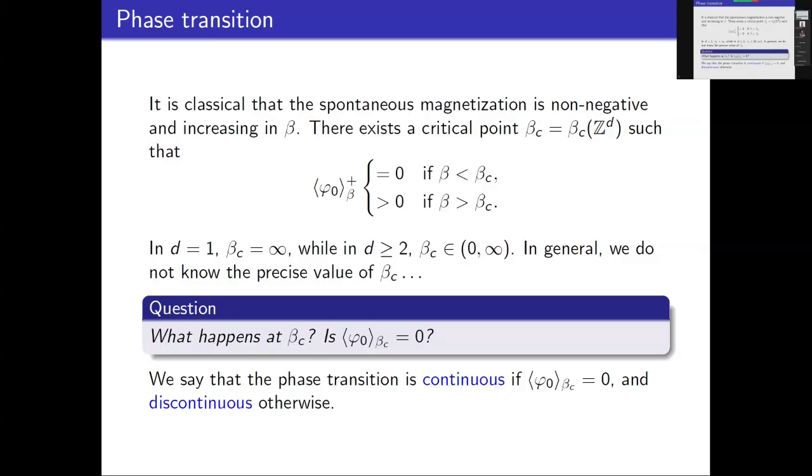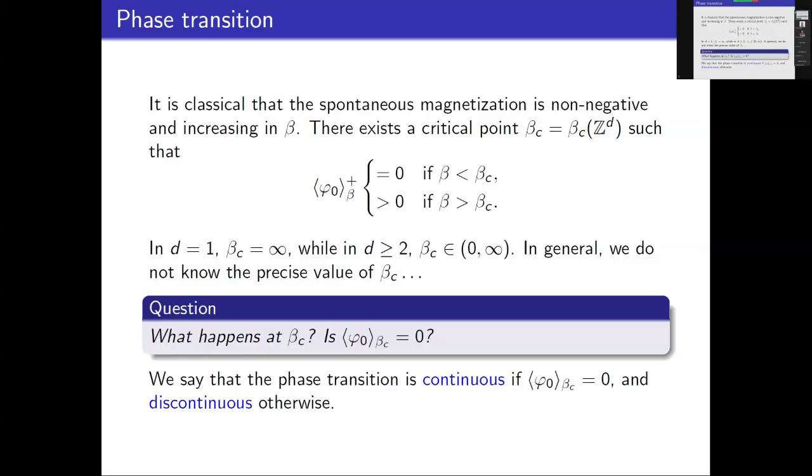If I had no boundary conditions, if everything was zero outside, this expectation would be zero just by the symmetry of the dimension, because the measure would be even. So without putting any boundary conditions, I would get zero expectation. But in this case, because I have positive boundary conditions, I will get something non-negative, and it's also increasing in beta, by correlation inequalities.